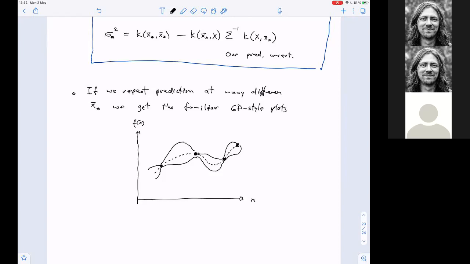So this is a source of a lot of confusion. But for now, we have looked at the noiseless case. Our training data contains the true function values, and we'll see what changes if we add noise.